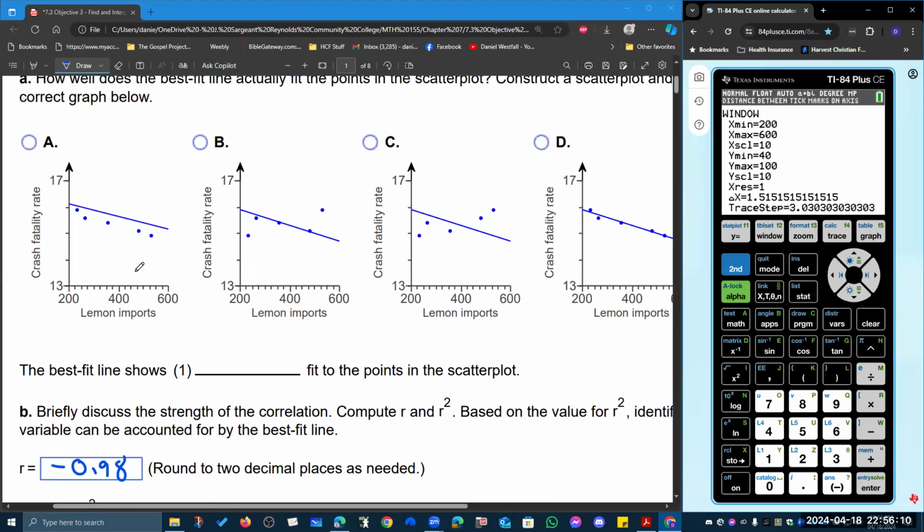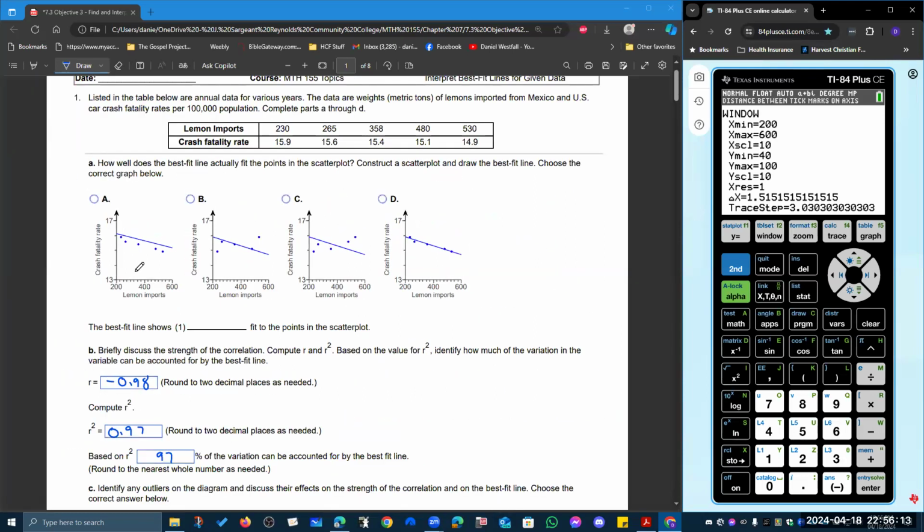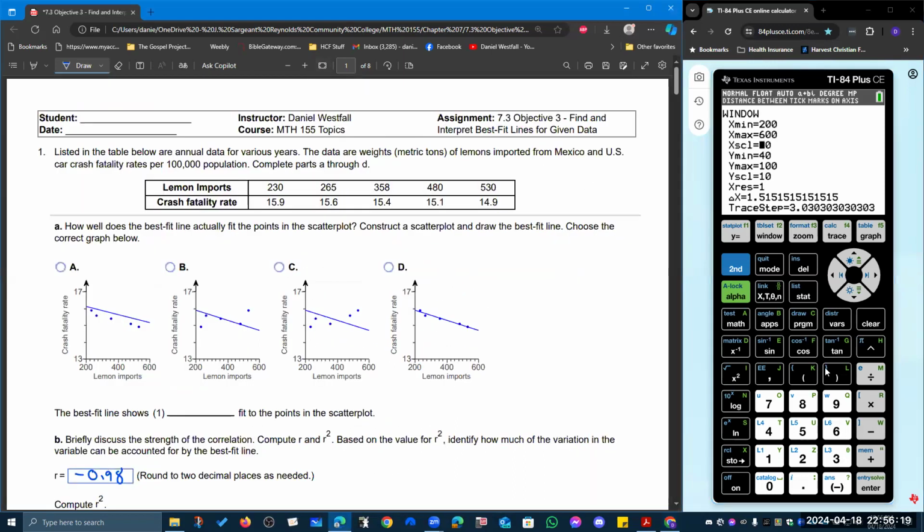Yep, there is 8. So 200 divided by 8 is just a second. It's a scale of 25. And Y min is 13.